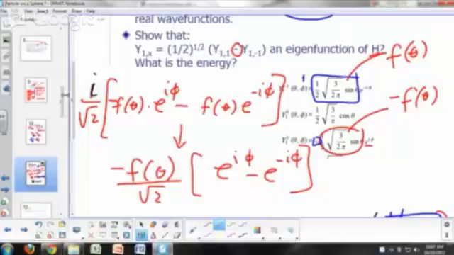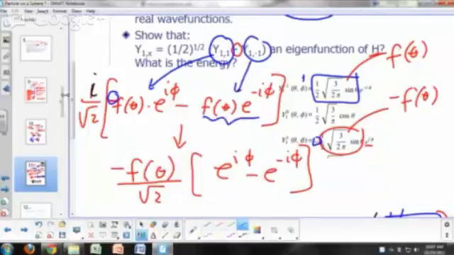This is y1,1 over here with a minus. And then y1,-1 over here doesn't have a minus, but you're subtracting the 2. So that's a minus. Okay, so if I factor out negative f of theta, that becomes a plus right there. Okay, so that's a plus.